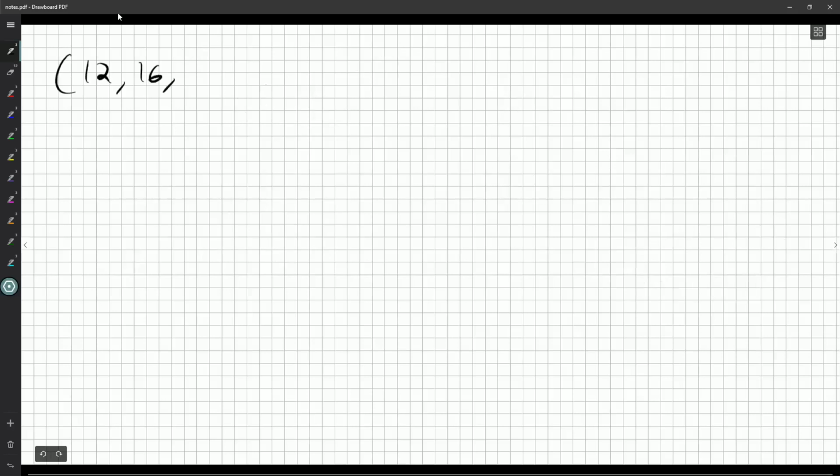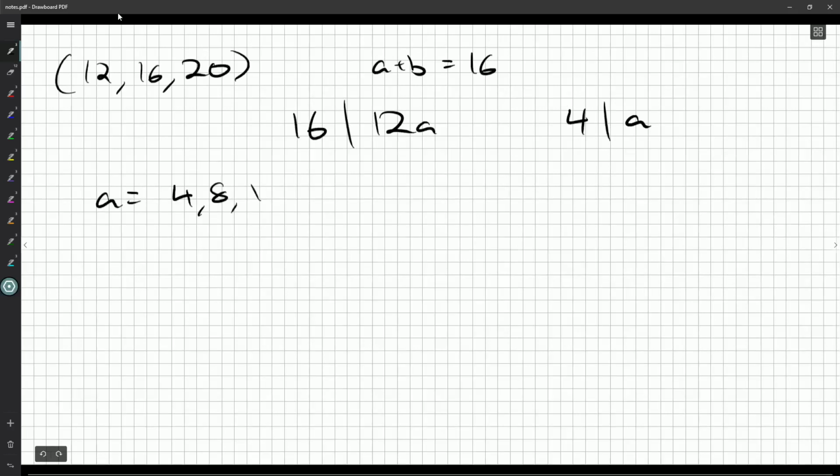12, 16, 20. A plus b is the other number that's left over, so I need 16. 16 needs to divide 12a. That tells me immediately 4 needs to divide a. So a could be 4, 8, 12, or 16. Of course, it can't be 16.